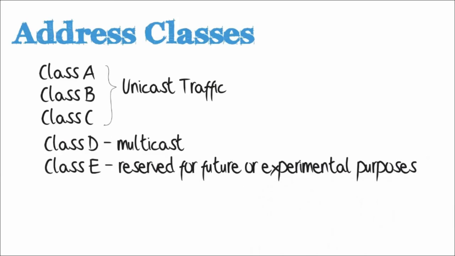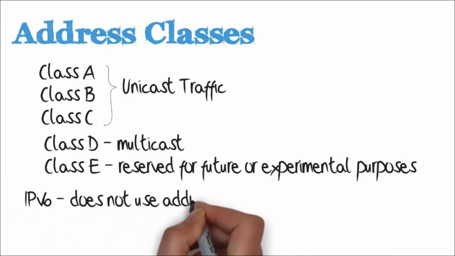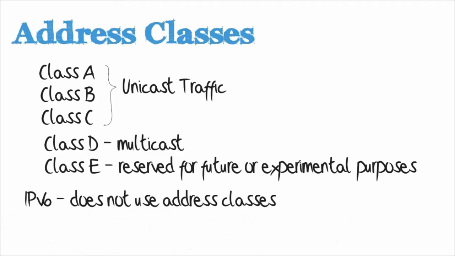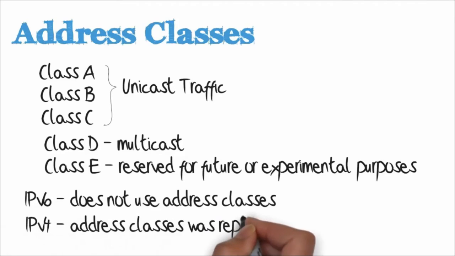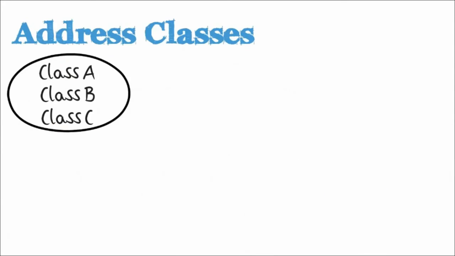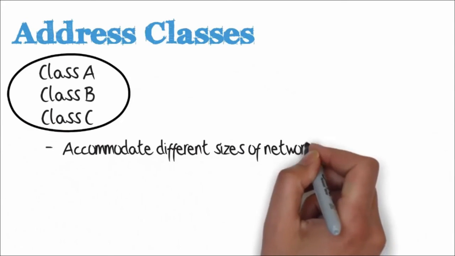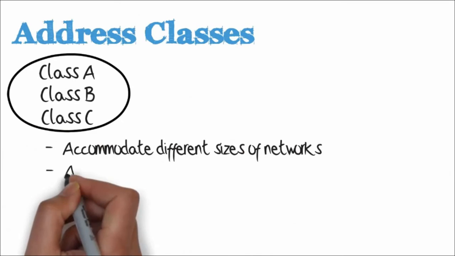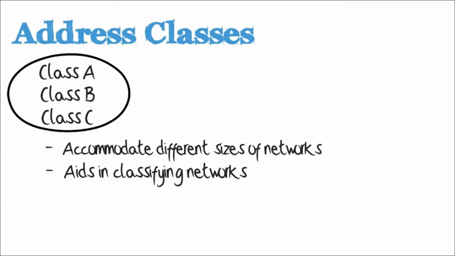Address classes have been superseded in IPv6. IPv6 does not use address classes, and in IPv4, address classes have been replaced with CIDR. So the different classes of addresses, A, B, and C, were used to accommodate different sizes of networks, which aided in the classification of those networks.